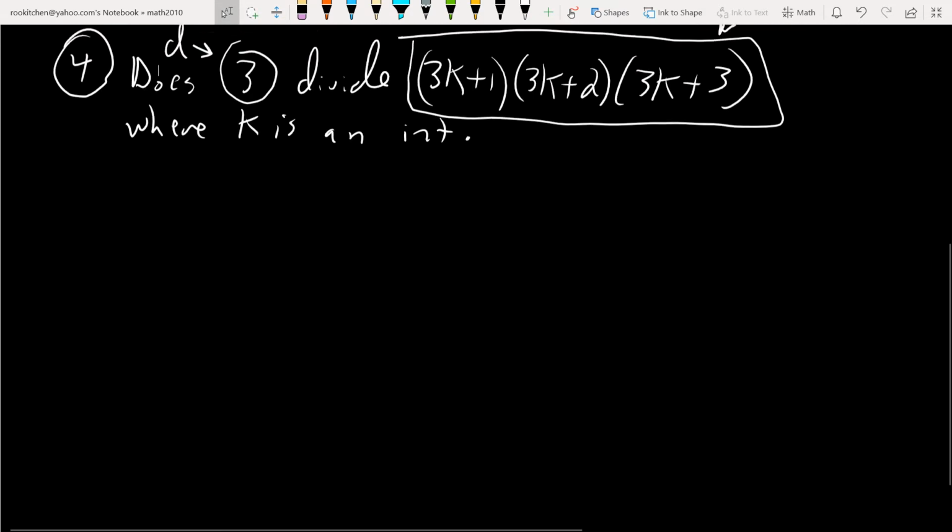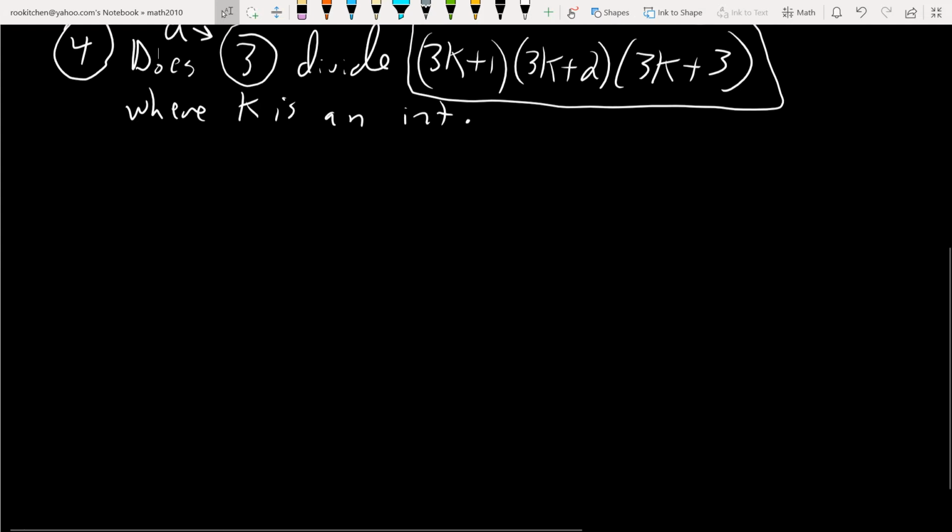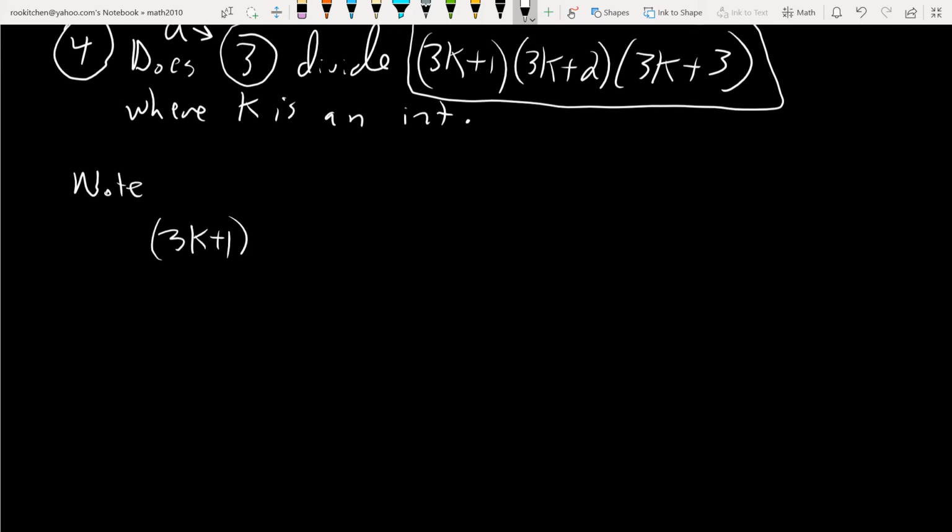Let's go at it. I'm not going to make this the perfect proof of the century. We'll just jump to the chase, to the body of the proof, and skip the supposition. Note 3k plus 1 times 3k plus 2 times 3k plus 3. What is that thing?